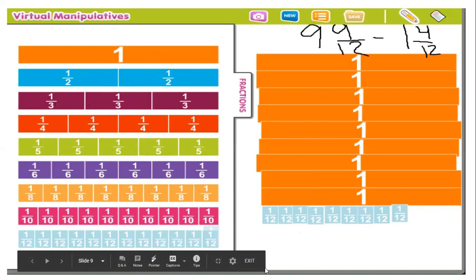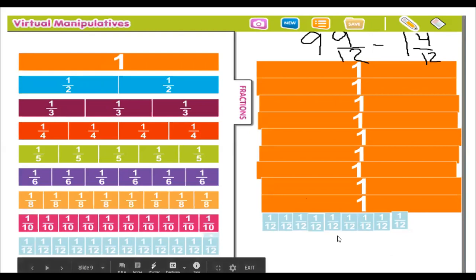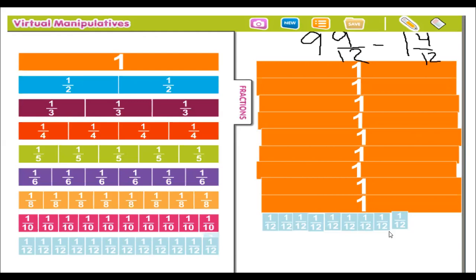But what we're showing and what you're able to see here is 9 9/12 minus 1 4/12. We stack up those 9 whole numbers and we stack up 9/12. We did those little tiles 9 times. Now we're going to subtract.